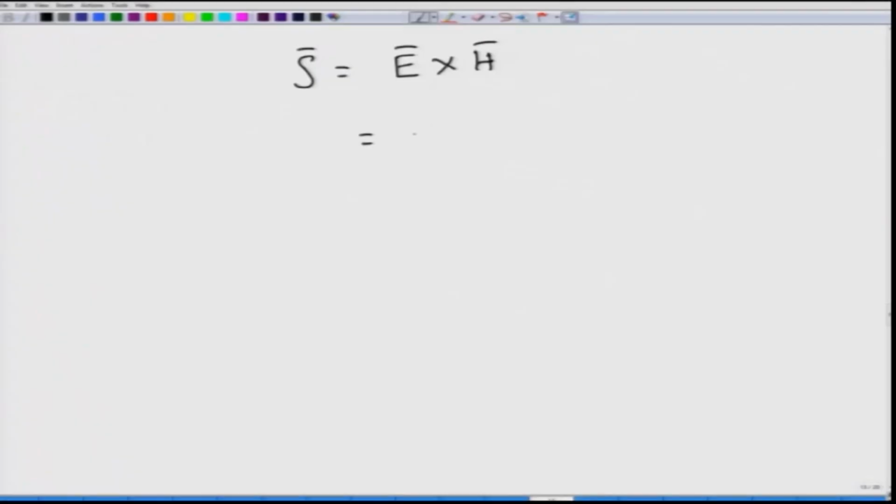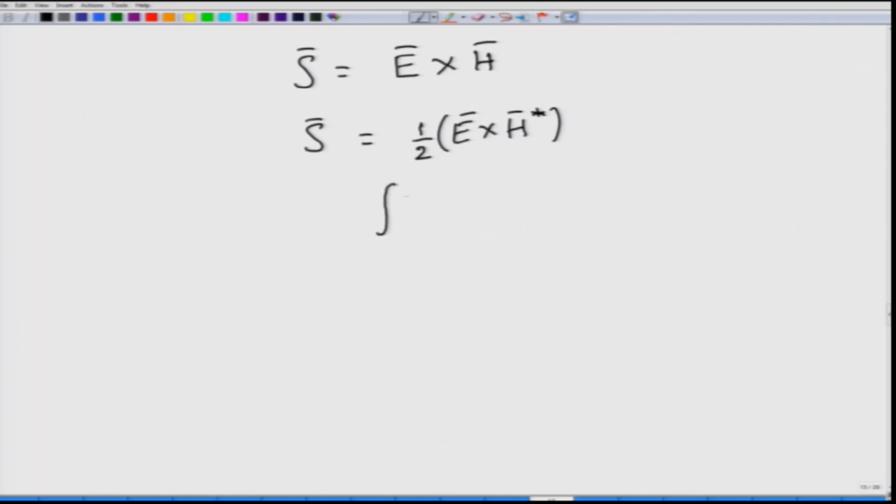But if you were to use the complex form that we discussed, or the time harmonic form as we call it, where the time dependence is always e power j omega t, then the equation that you can write will be slightly different. You can write the Poynting vector as half the real part of E cross H star. This half is just for normalization purposes, and this S is the Poynting vector which tells you how much power density is being carried away.